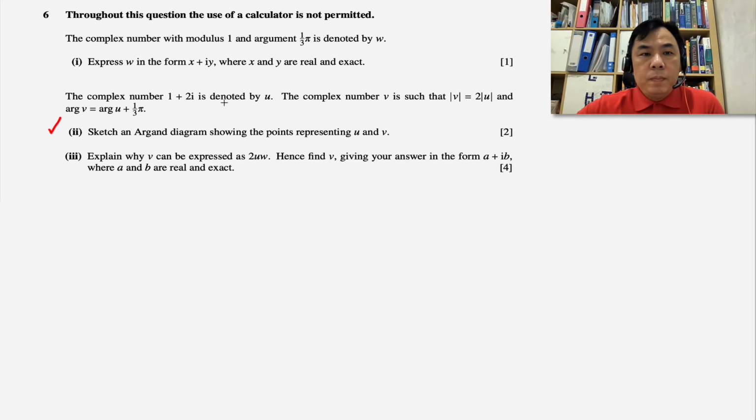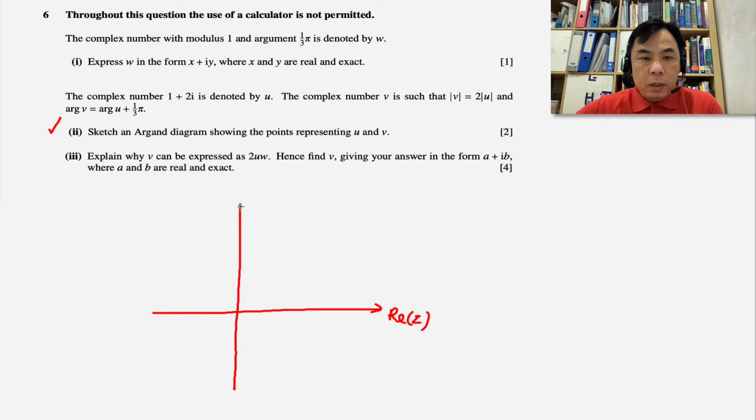Now, representing this using an Argand diagram is quite direct in this case. All we need to do is draw out the real axis, and then the imaginary axis. For this complex number u, it is 1 unit to the right, and then move 2 units up.